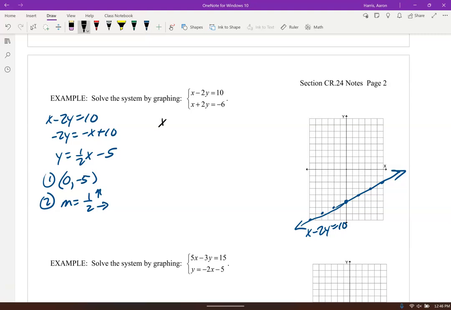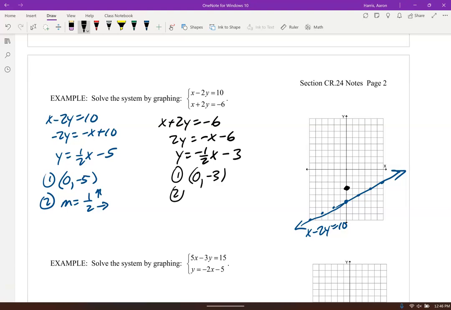Okay, there's my x minus 2y equals 10. Now let's do the next one. x plus 2y equals negative 6. Subtract x on both sides. Divide by 2. So y-intercept of -3, slope of down 1, right 2. Down 1, right 2, and so on. There's our x plus 2y equals -6.